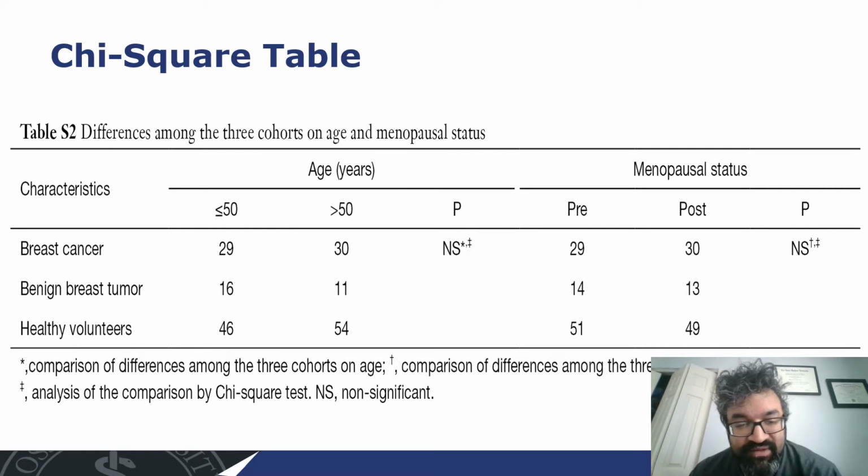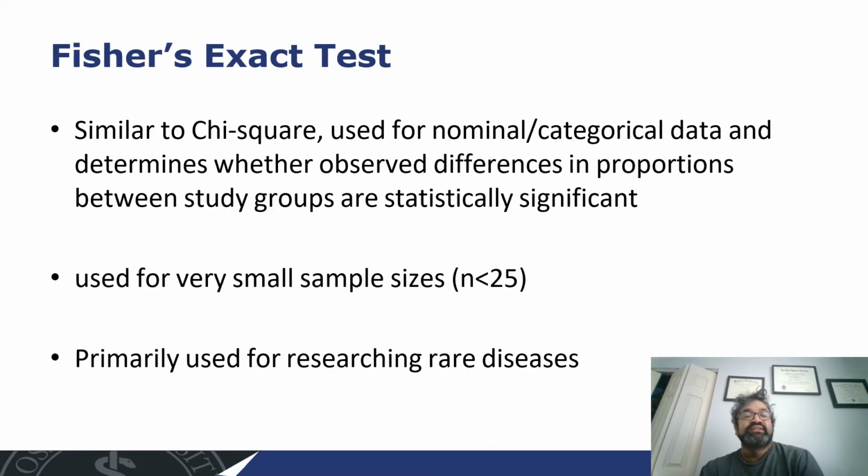So comparison of differences, analysis of the comparison by chi-square test. So here the chi-square test was age versus the type of tumor or breast cancer or breast abnormality that volunteers had, and others. Now Fisher's exact test, very small sample sizes.